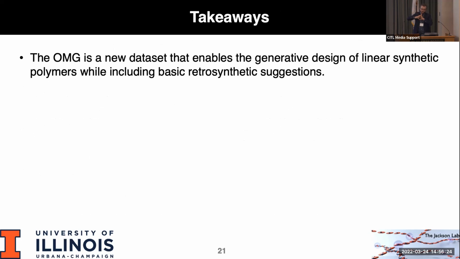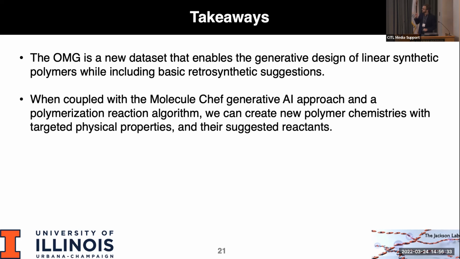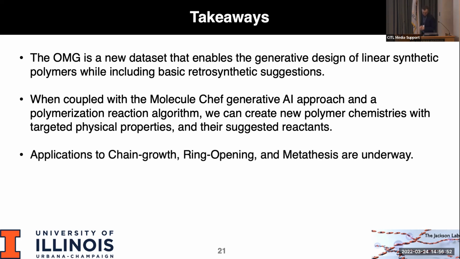We'd love to improve the complexity of those retrosynthetic suggestions in the future, but we think they're a pretty good starting point. There are also the generative models you can use to facilitate design in the OMG. Molecule Chef is something that we like. It's not the only generative model in the world. We are more of a get-the-job-done group, not a use-the-fanciest-model group. And so this is a powerful thing that we're going to use moving forward.